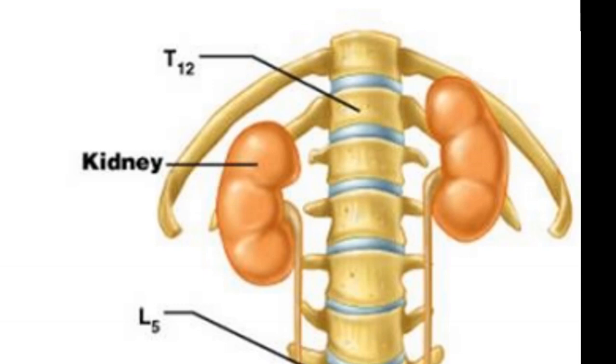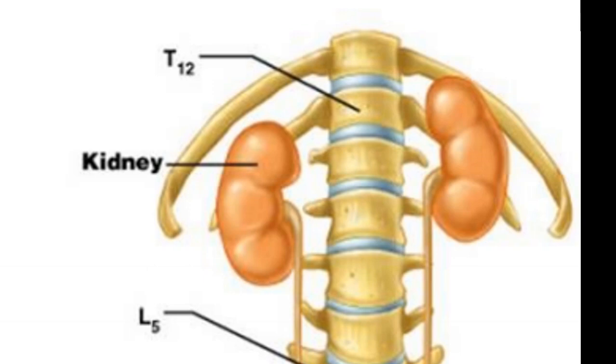It is reddish brown in color, about 11 centimeters long. The left kidney is a little longer and narrower than the right.